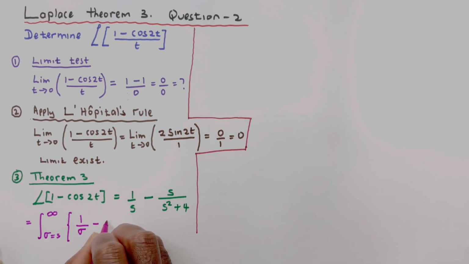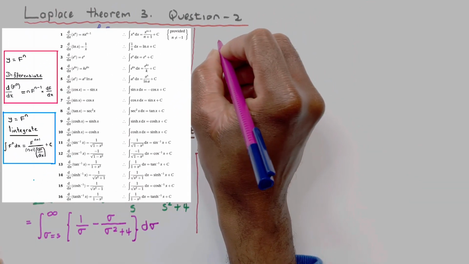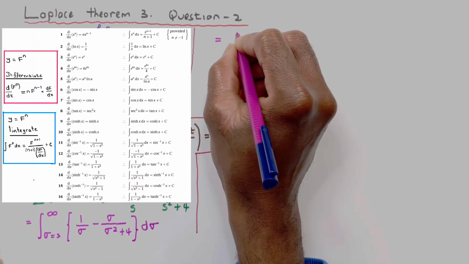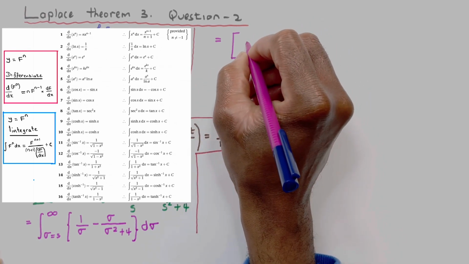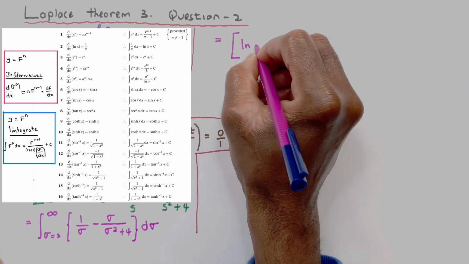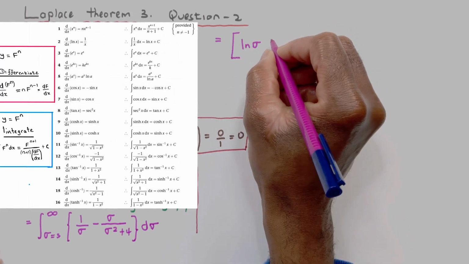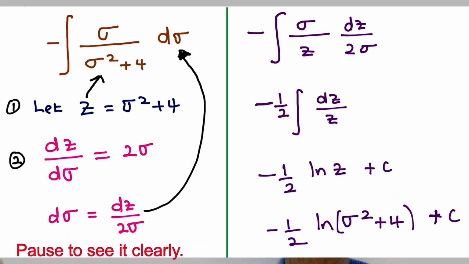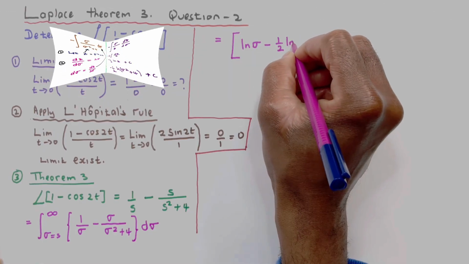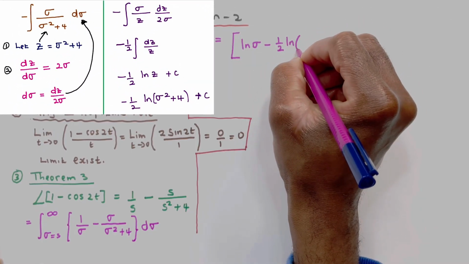So we're integrating from sigma equals s to infinity. We are replacing s with sigma, and then we're going to integrate d sigma. Integral of 1 over x is ln x. Integral of 1 over sigma is ln sigma, minus the integral of sigma over sigma squared plus 4.